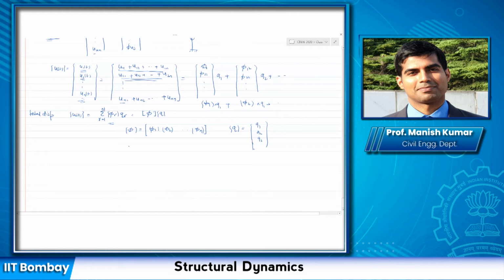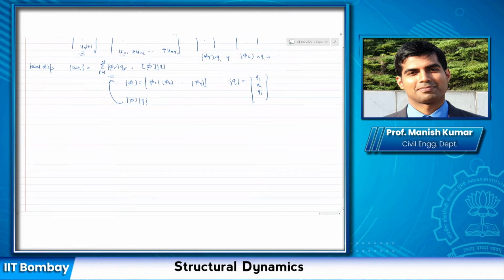When you multiply phi times q, you get phi_1 times q_1, phi_2 times q_2, phi_n times q_n, like that. So the total displacement is the sum of displacement due to each mode, and the contribution is represented by q_r, which is called the modal coordinate.